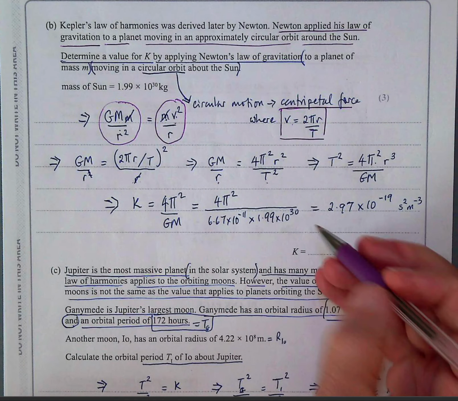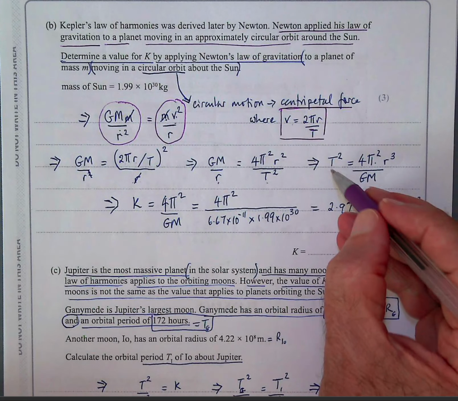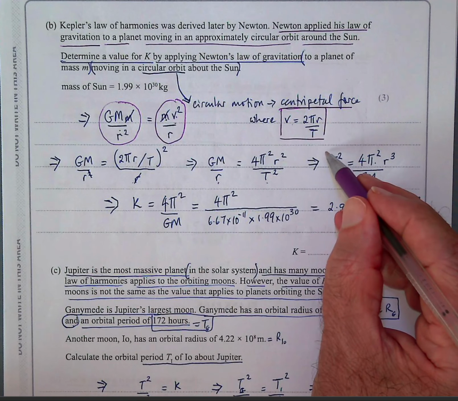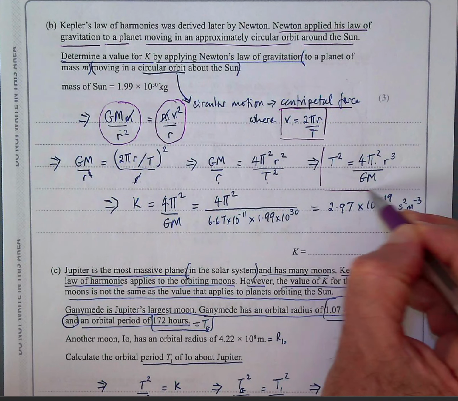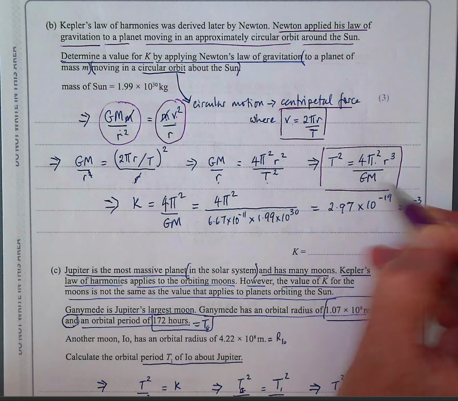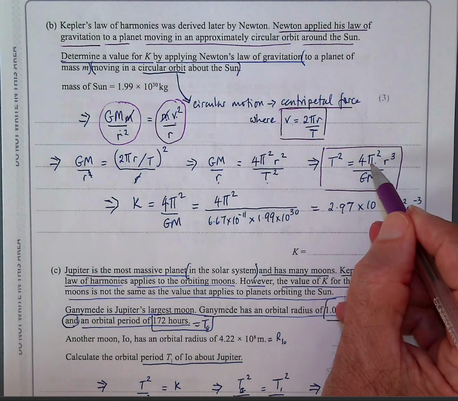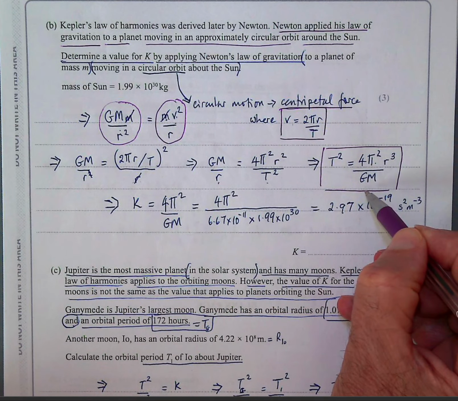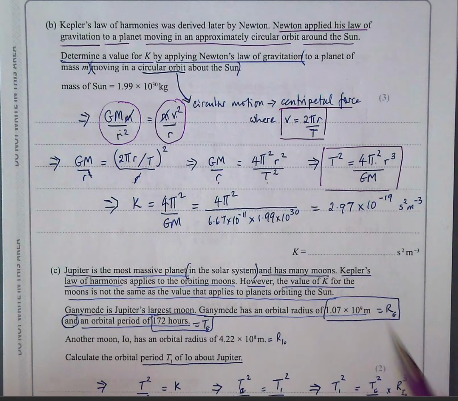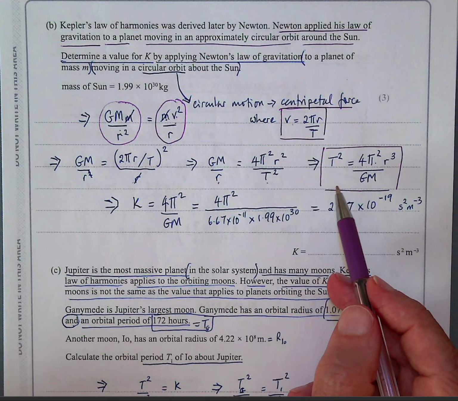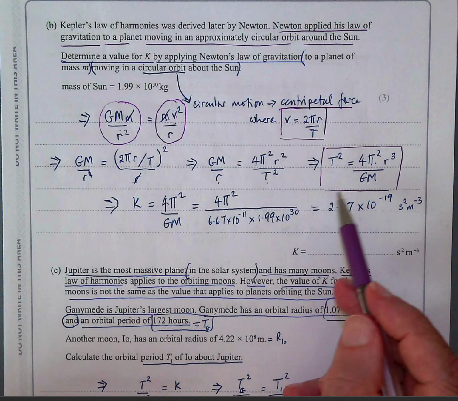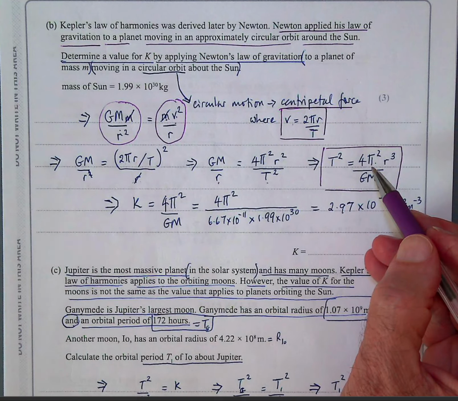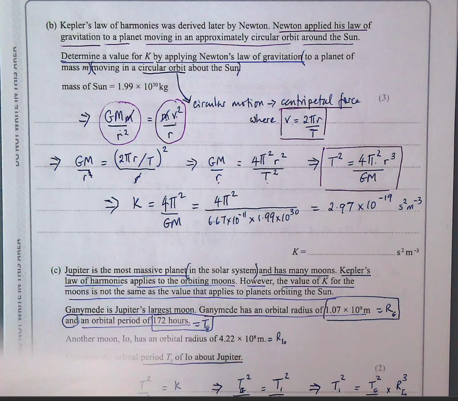Then all you need to do is rearrange and simplify it. So T squared will be equal to 4 pi squared r cubed over GM. If you do that manipulation algebraically, you will see the constant of proportionality that we had from the first page.